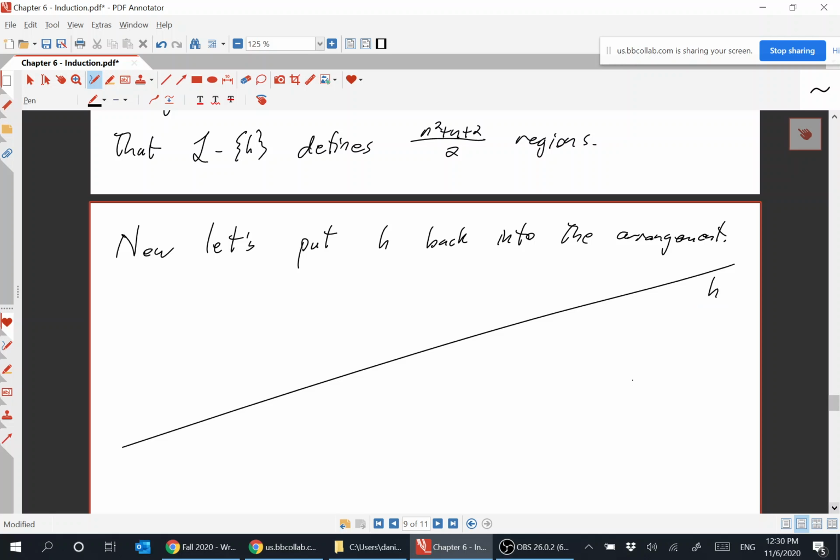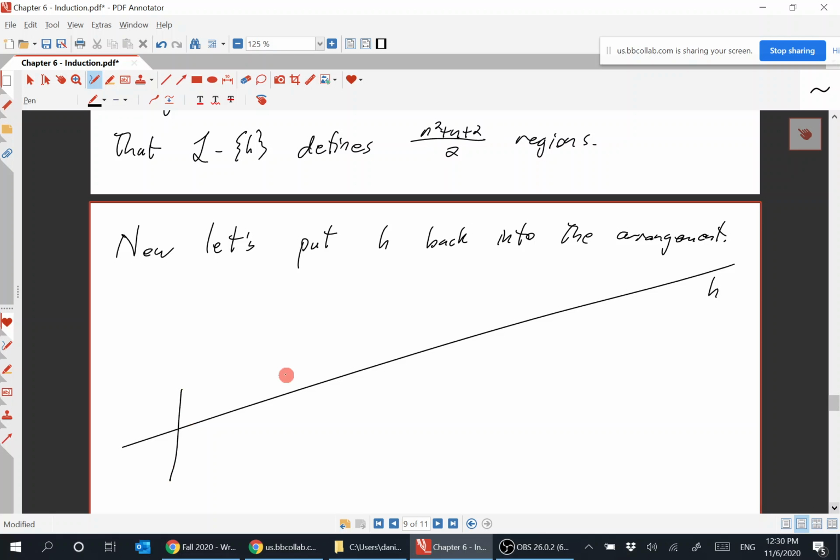Of lines 1 through n, what do they do with respect to H? Because of general position, they all cross H. Each other line crosses H. Do they ever cross in the same point? No. Each of the lines 1 through n crosses H once, and never in the same spot for any two of those lines.